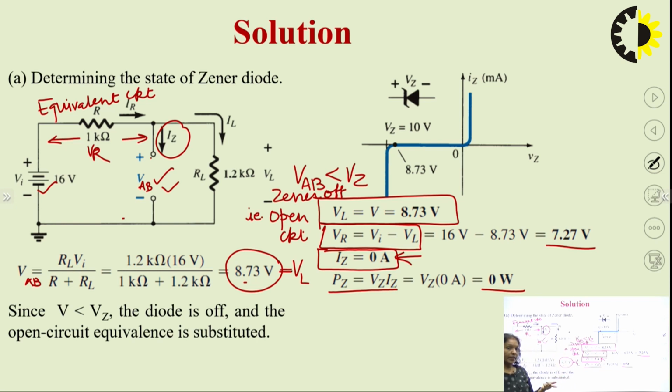So, for doing that, we are repeating the same problem by replacing the value of 1.2 kilo ohm by 3 kilo ohm. So, now we will repeat the same problem by using RL equal to 3 kilo ohm.